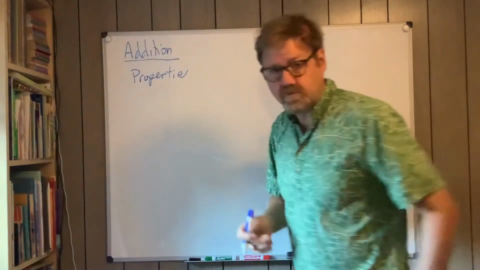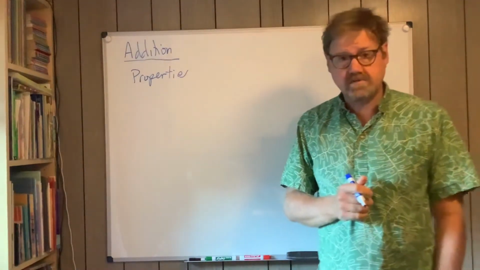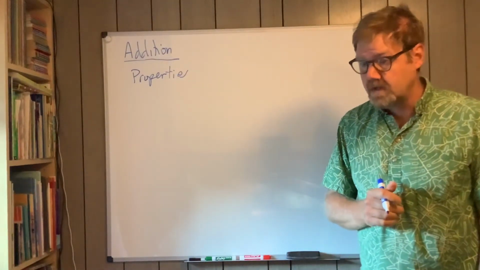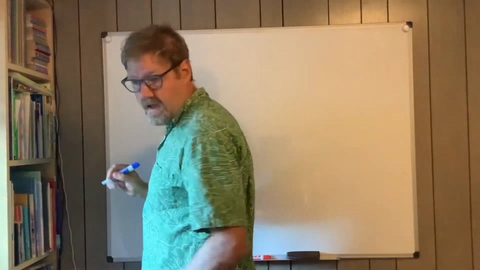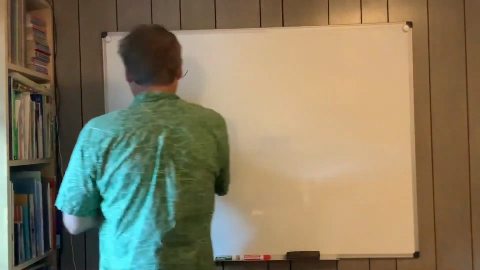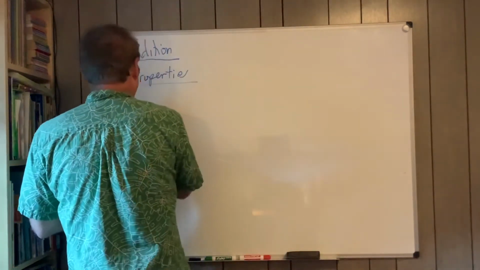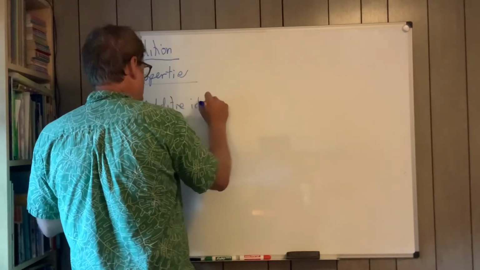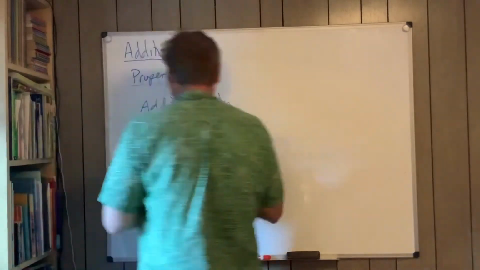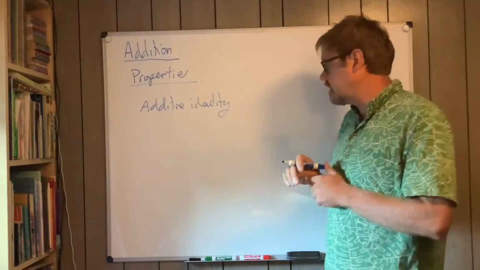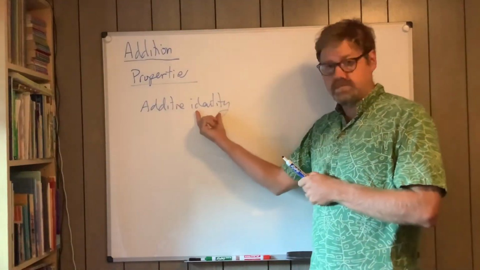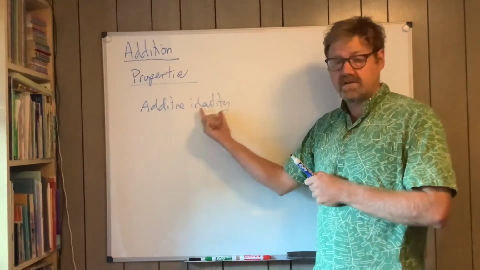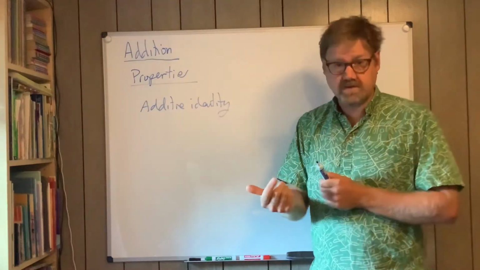All right. So I want to formally write down a bunch of the properties that we have. So we have, for example, the additive identity. In mathematics, an identity basically means you don't change something.